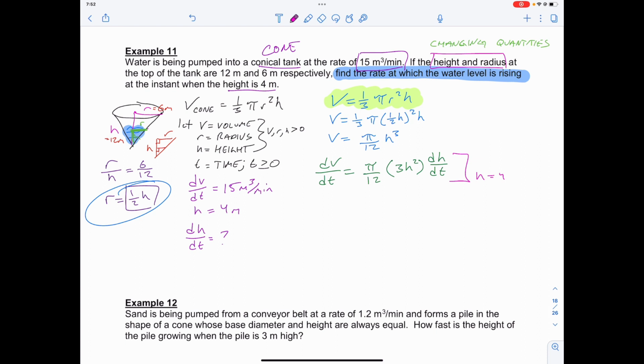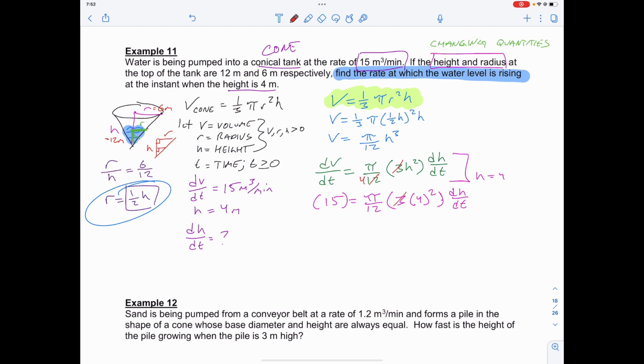So when I sub in my values, I know that 15 is equal to pi over 12 and 3 times 4 squared times dH over dt. Now, it wouldn't have been wrong if you want to simplify this and divide the common factor of 3 out of there to change this into a 4.